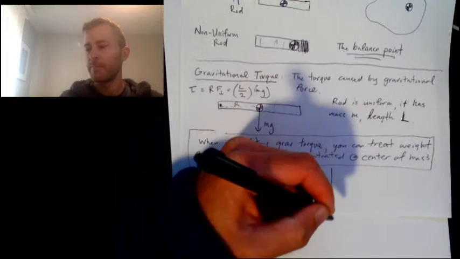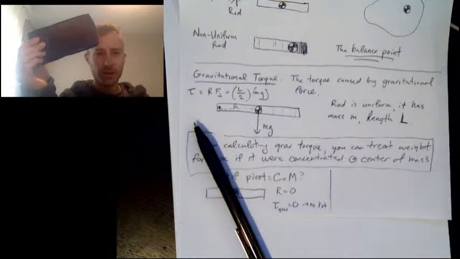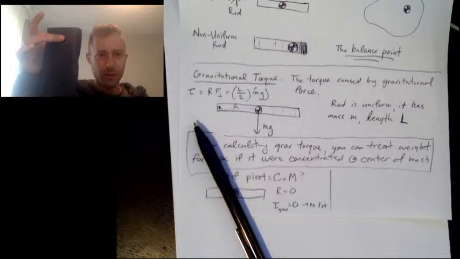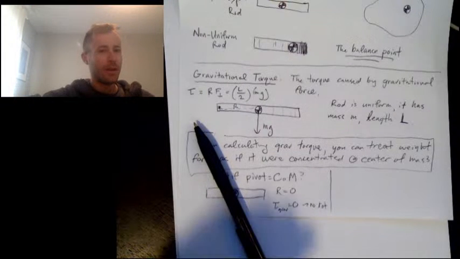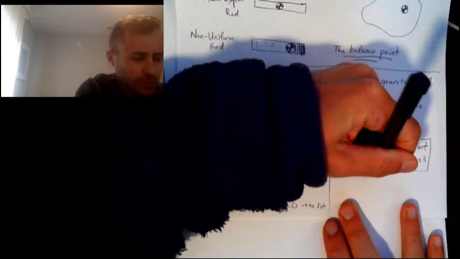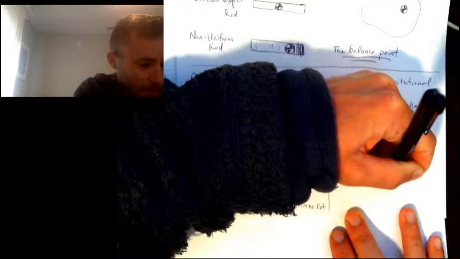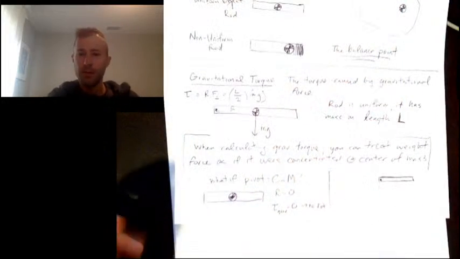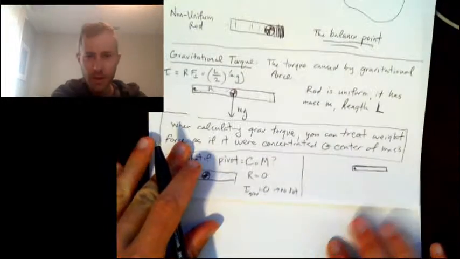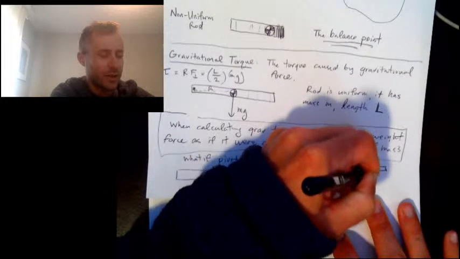Another interesting thing is you might notice that if I hold something by a location that's not its center of mass, it'll swing like this, and then it'll stay put. And basically what's happening is if you have an object, so let's say I have a rod right here, and it's pivoting. The gravitational force is acting straight down.